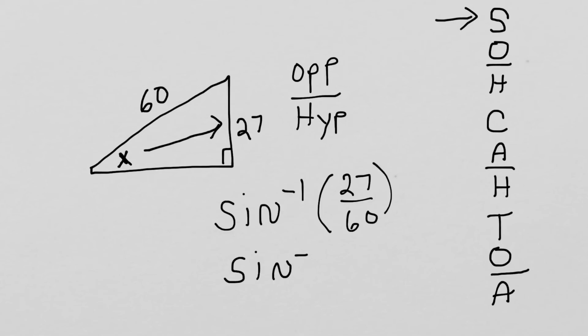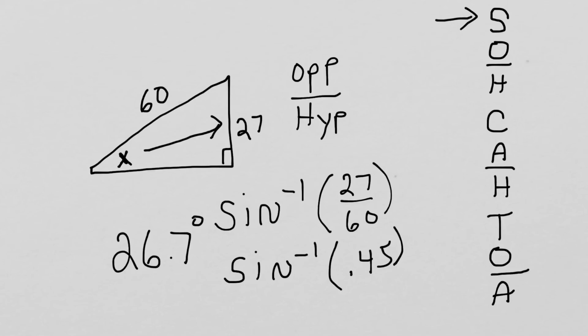So sine inverse of 0.45. On your calculator you probably still have the 0.45 in the upper right-hand side. All you have to do is hit the arc sine button and you'll get 26.7. And that is degrees, because we're trying to find the angle.